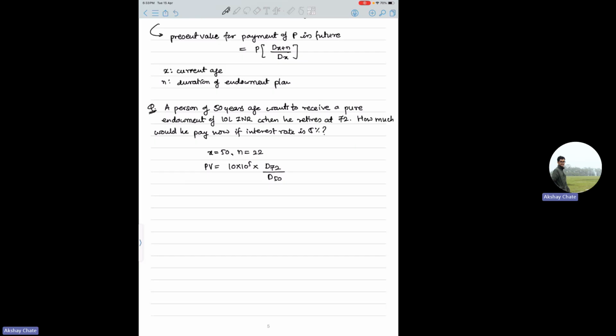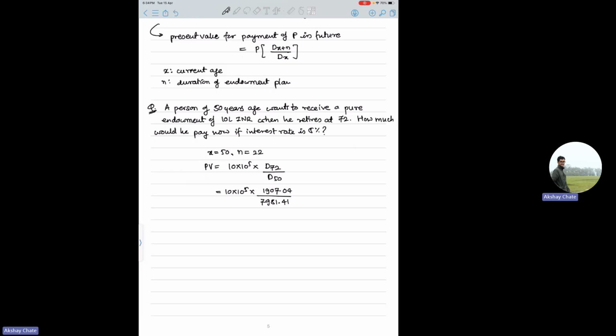Okay. So if you look at your table, what is D72 and what is D50? So capital D50 is 7981.41 and D72 is nothing but 1907.04.